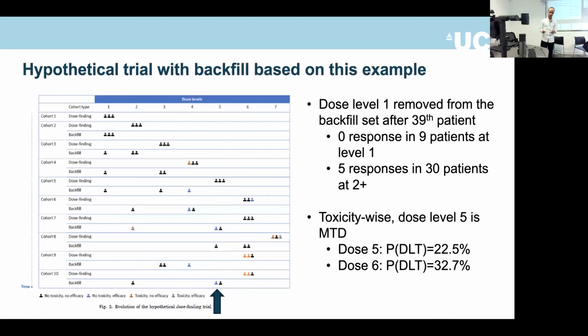In this graph, this is a study with 57 patients. It's only 57 patients. We've got 10 cohorts, 3 patients per cohort, and for 9 of the 10 cohorts, we've got an extra 3 backfill patients. So the total is 30 plus 27, 57 patients. Very small trial.